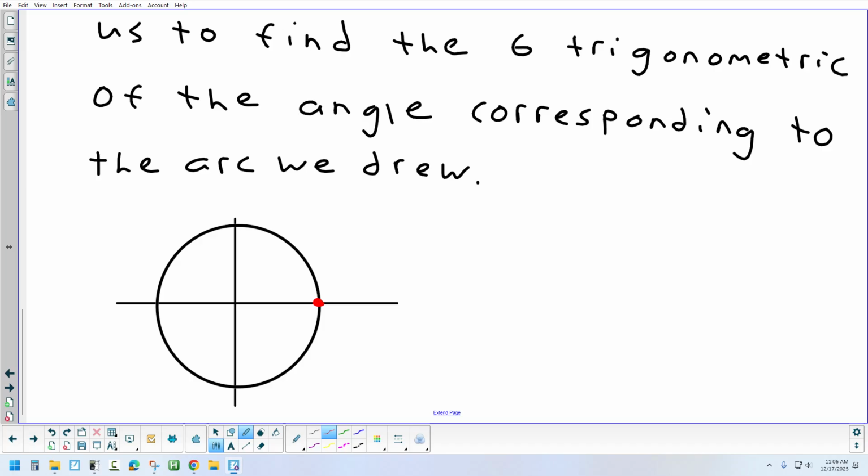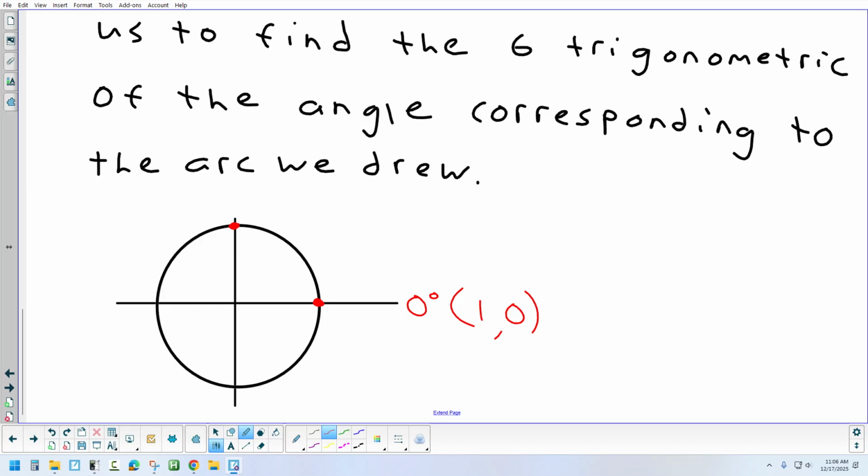What angle does that represent if your point is all the way on the right? 0 degrees. Anybody think they know what the coordinate is for 0 degrees? Yep. 1, 0. And that never changes. That's always the coordinate for 0 degrees on the unit circle. 1, 0.